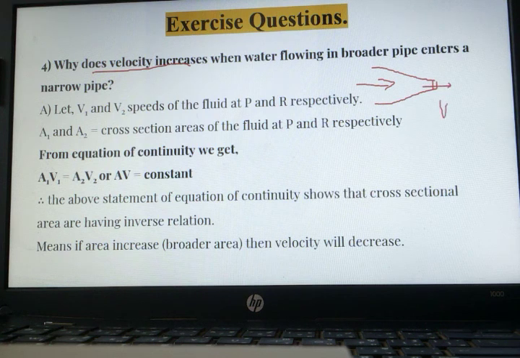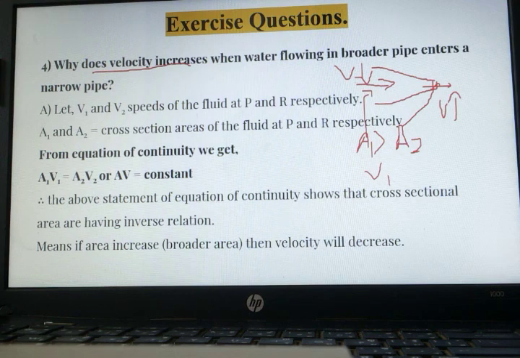Its velocity at this point will increase, whereas over here velocity is very less. Over here area is greater, A1 is greater than A2, as the area at this region is greater than the area at this region. So velocity at this region, V1, will be much smaller than V2, because area and velocity are inversely related.